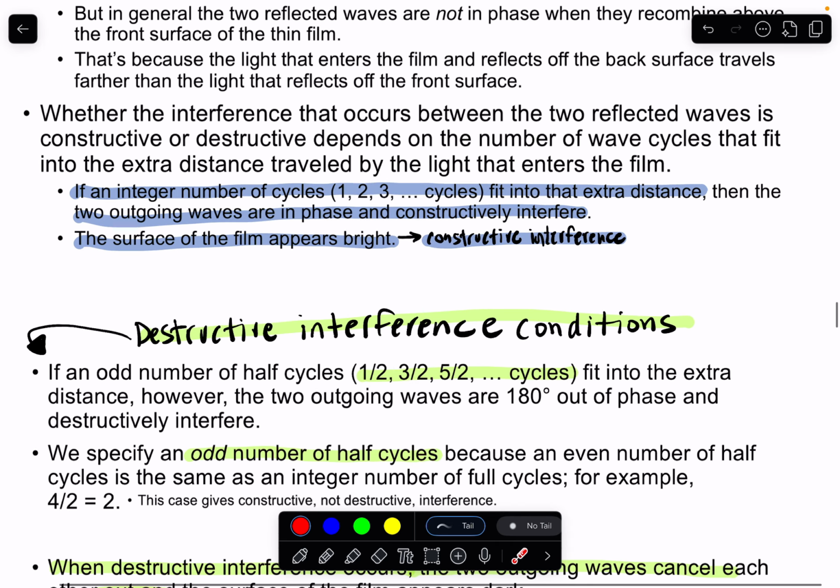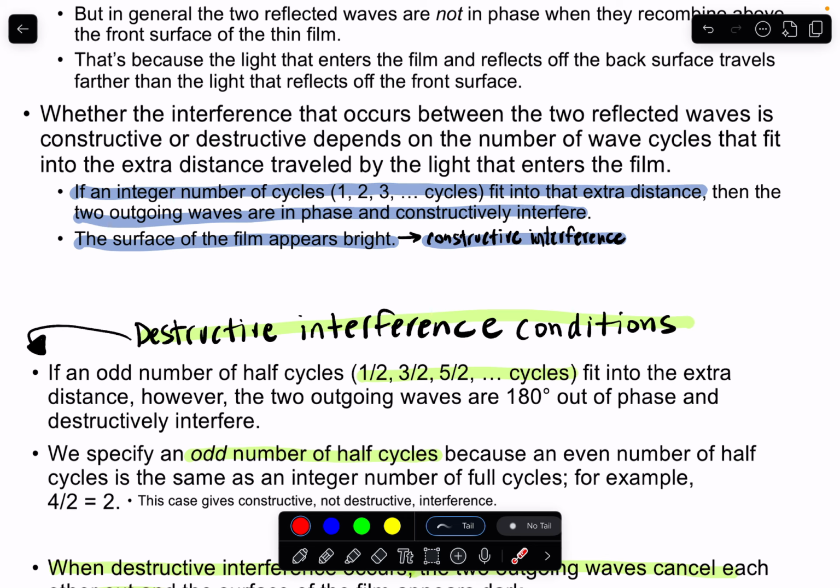Destructive interference occurs when that extra distance is equal to an odd number of half cycles. An odd number of halves means 1 half, 3 halves, 5 halves, 7 halves, okay? Not 2 halves, because that would be 1, not 4 halves, because that would be 2. That would be constructive. So it has to be an odd number of half cycles.